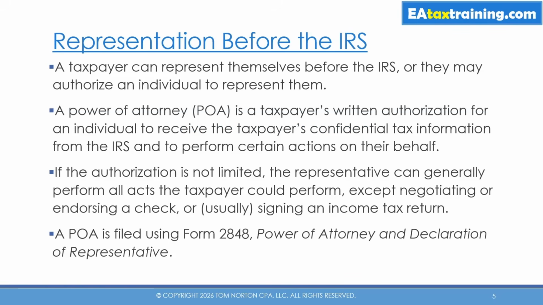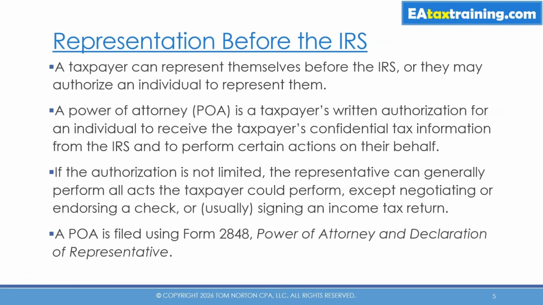As we learned in video 1, a taxpayer can represent themselves before the IRS, or they may authorize an individual to represent them. That could be you. And a power of attorney, or POA, is a taxpayer's written authorization for an individual to receive the taxpayer's confidential tax information and to perform certain actions on their behalf.